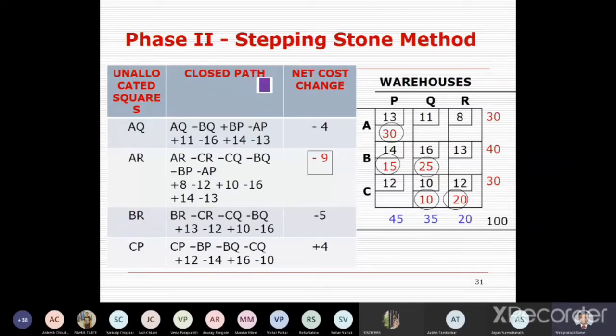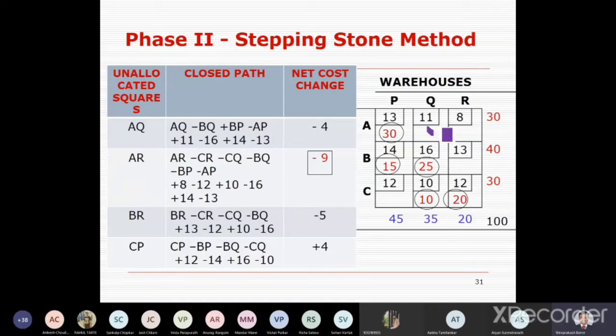The next column is for the closed path. We want to make a closed path for every unallocated square. So how do we make a closed path for the unallocated cell AQ?